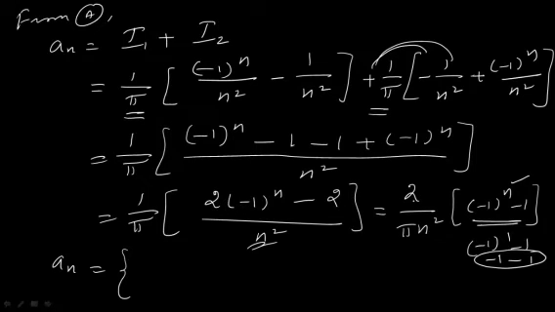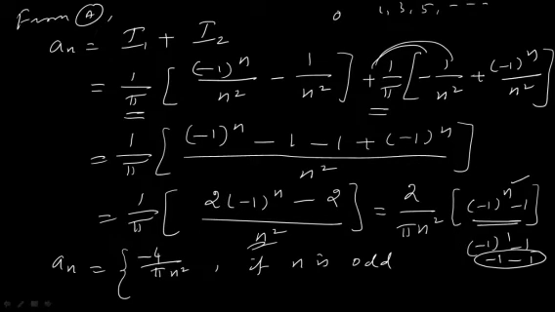Minus 2 is multiplied with 2, so you have minus 4 by pi n square. I am going to give odd and even values. Odd values start from 1, 3, 5, 7, etc. Whereas even values start from 2, 4, 6, 8.